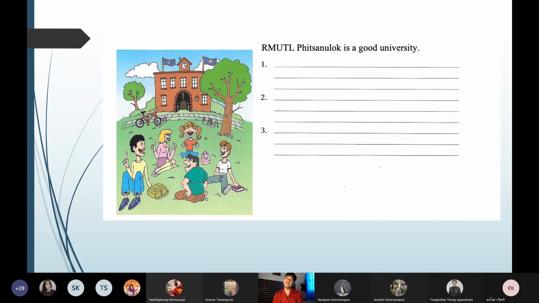For example, it has good air because of the many trees you can find around the university. That's giving an example, as evidence, for what I'm talking about. Understand?